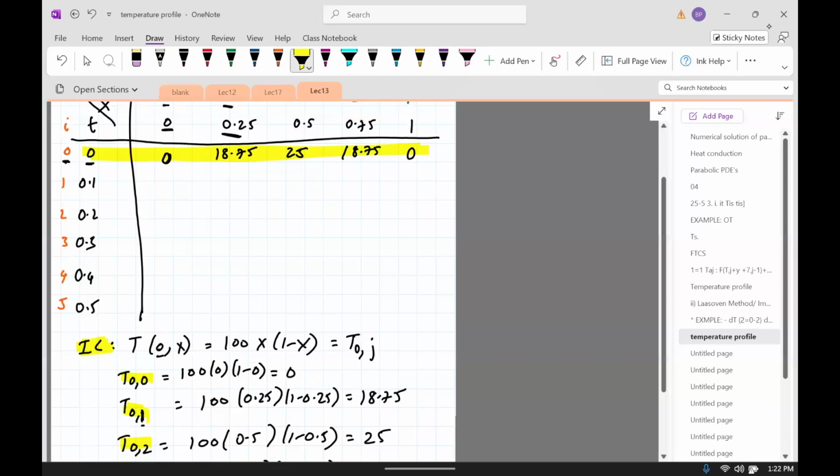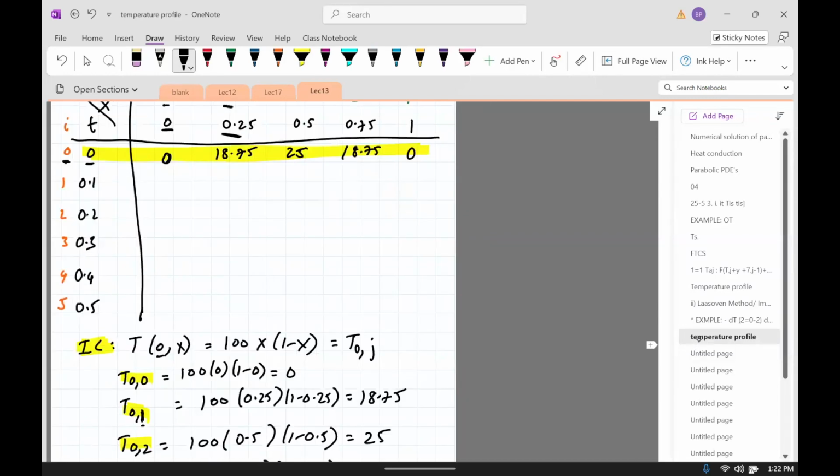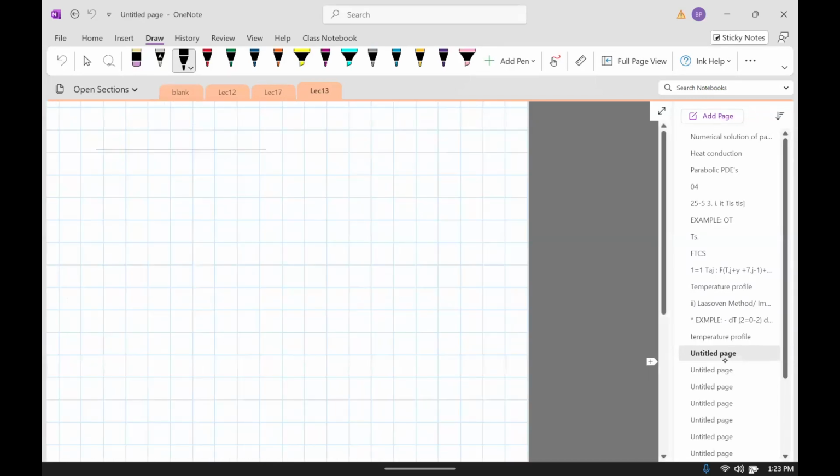Okay, let's look at the other condition given to us. It is T(0, t) = T(1, t) = 0. So let me write that down. Boundary condition: T(0, t) = T(1, t) = 0.